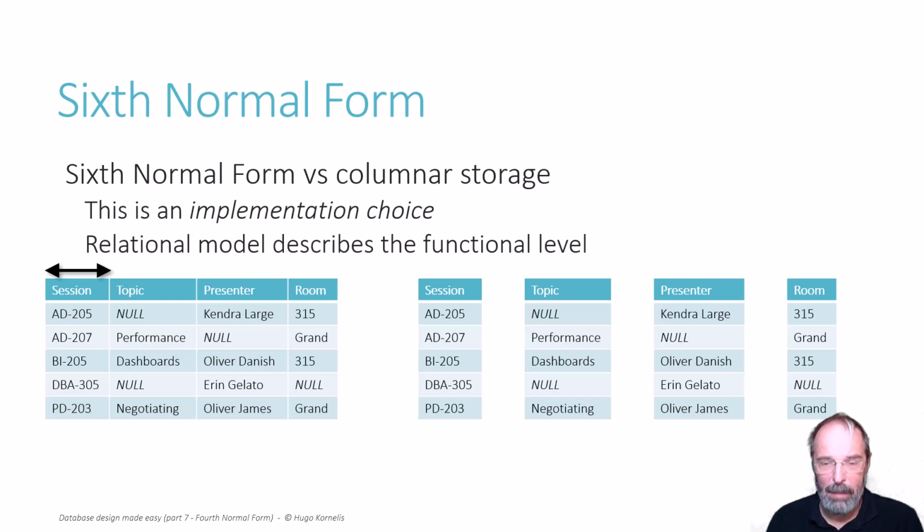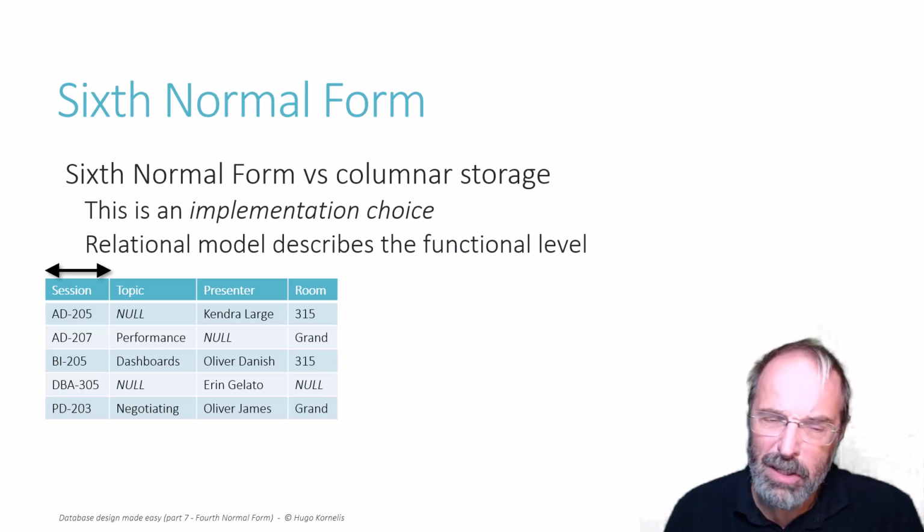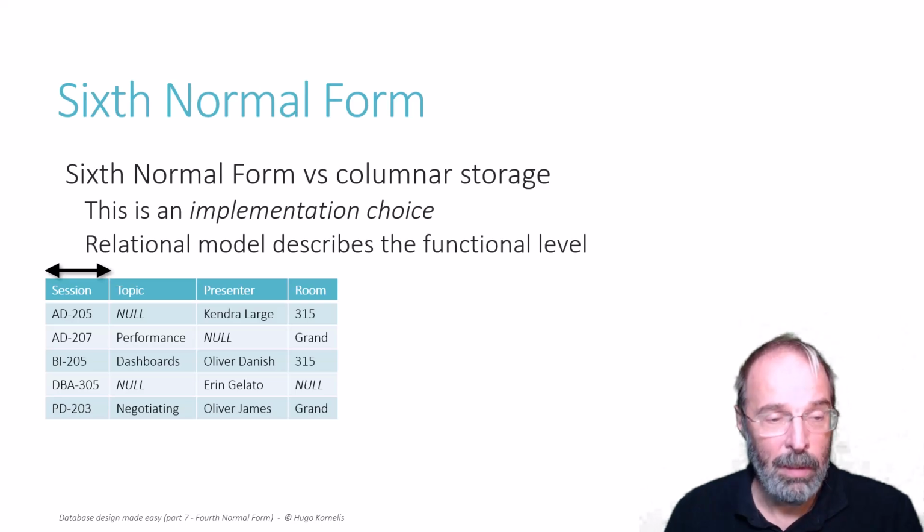So even when the implementation is column by column, we still look at the functional level, and in columnar databases, the functional level still has a table with multiple columns. So it looks the same, but it is not the same. This table on the left, even when implemented as columnar storage, violates sixth normal form.